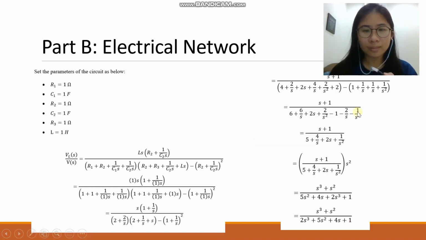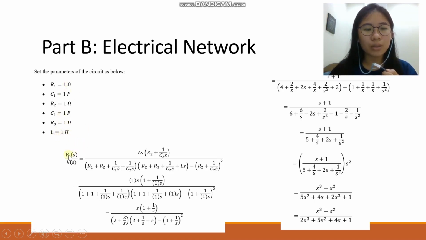The parameters of the circuit are set as below: resistor 1 equal to 1 ohm, capacitor 1 equal to 1 farad, resistor 2 equal to 1 ohm, capacitor 2 equal to 1 farad, resistor 3 equal to 1 ohm, and the last, inductor equal to 1 Henry.